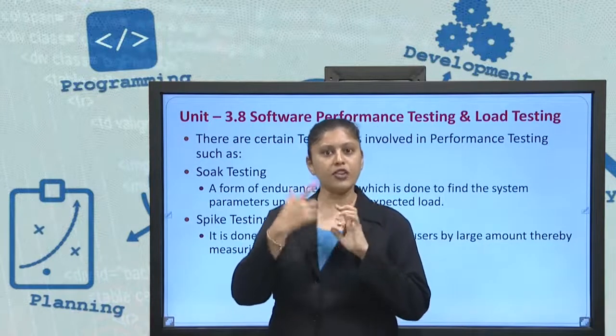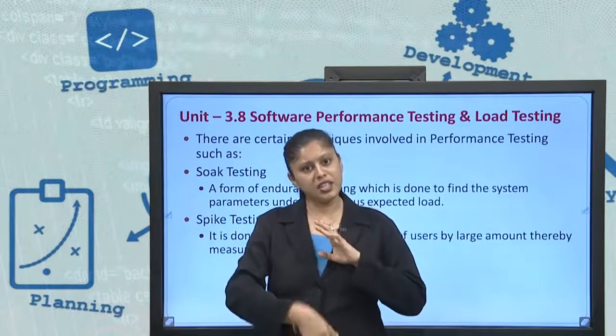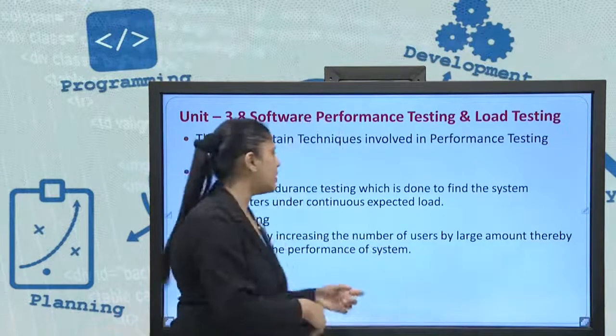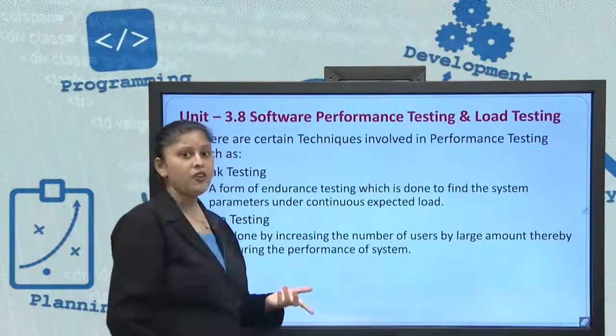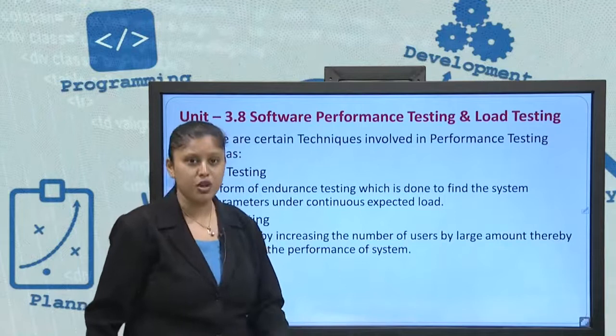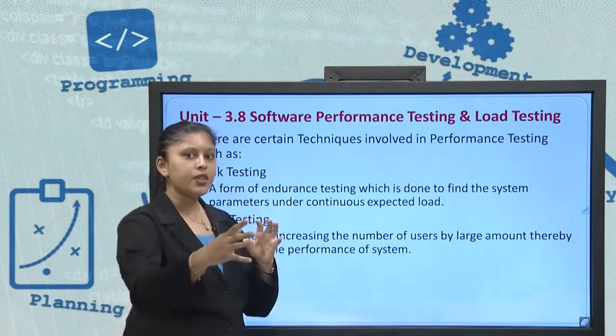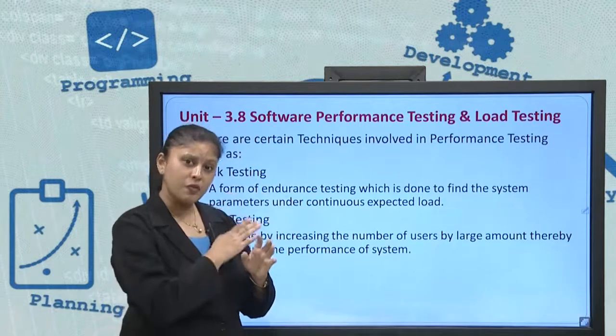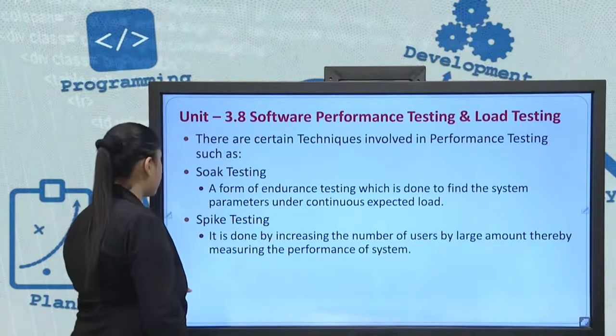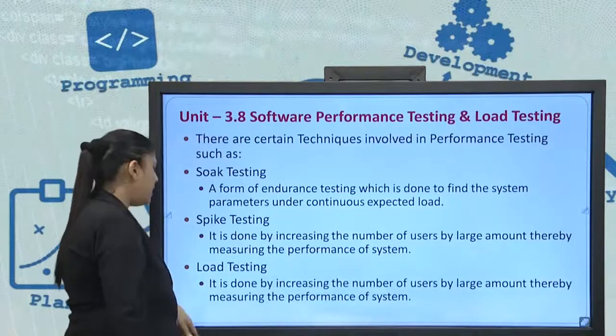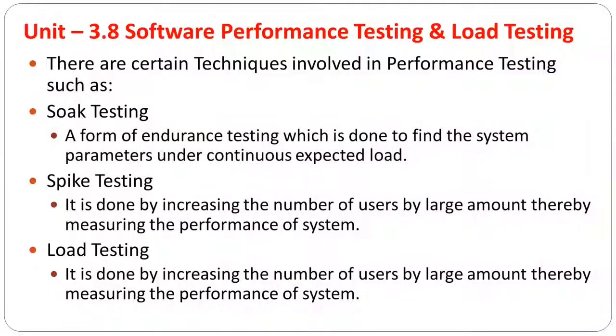The users who are using the system increase like anything, then we call it spike testing, and thereby we check the performance, that at 1000 people it is working well. But if I increase it to 5000, whether it performs the same way or not is called spike testing. Then of course, again the load testing is done by increasing the number of users by a large amount, thereby measuring the performance of the system. It is one and the same, right.